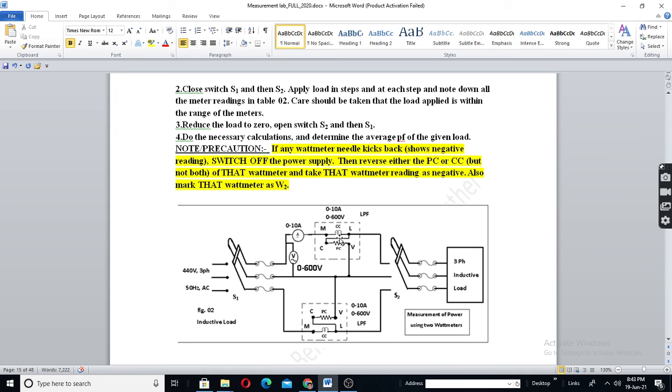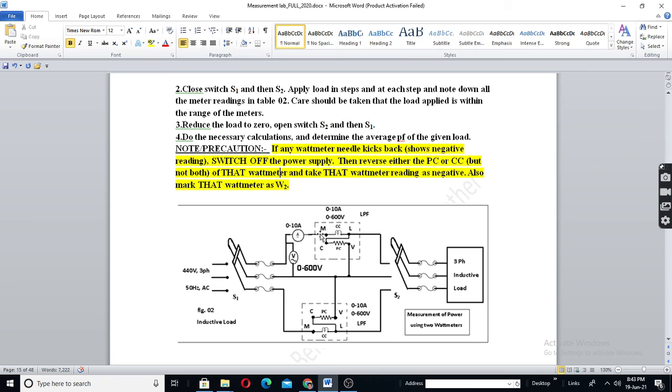What happens when we reverse M and L? Current which was flowing from M to L will now flow from L to M. Then deflection torque will become reverse.